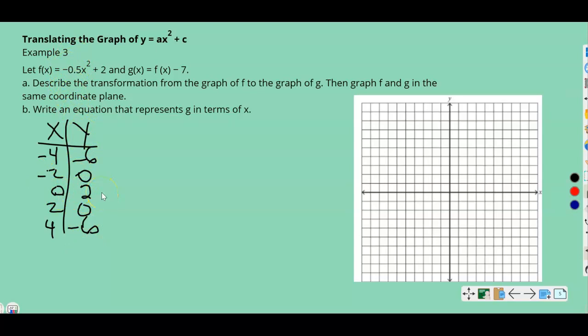All right, so let's graph a few points here. So (-4, -6), (-2, 0), (0, 2), (2, 0), and (4, -6).